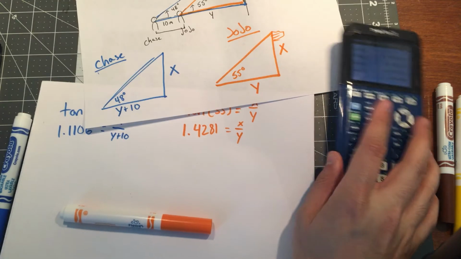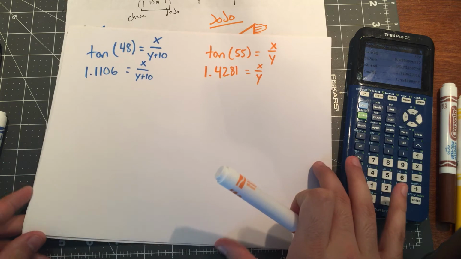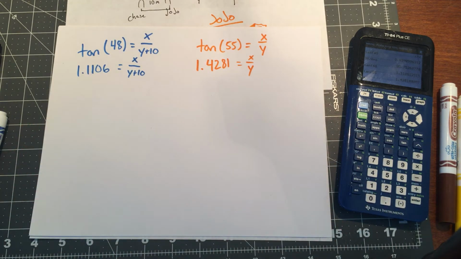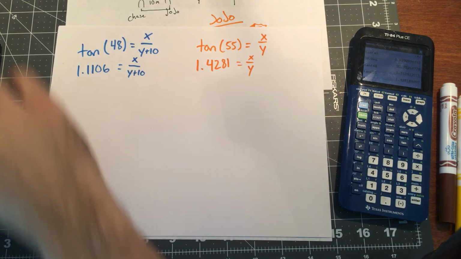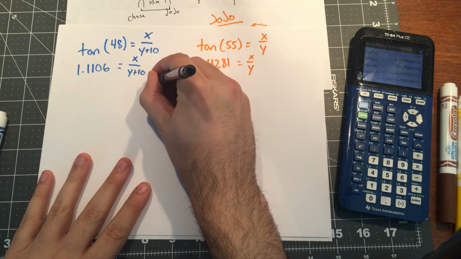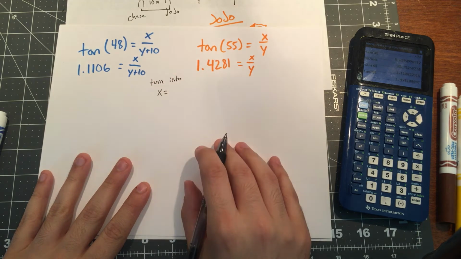Now, I hope you can look at this and know how to solve this. Hopefully you can look at these two and solve it. What we need is 2 equations with a common expression, with a variable set up. So what I'm going to do is turn both of these into x equals something.